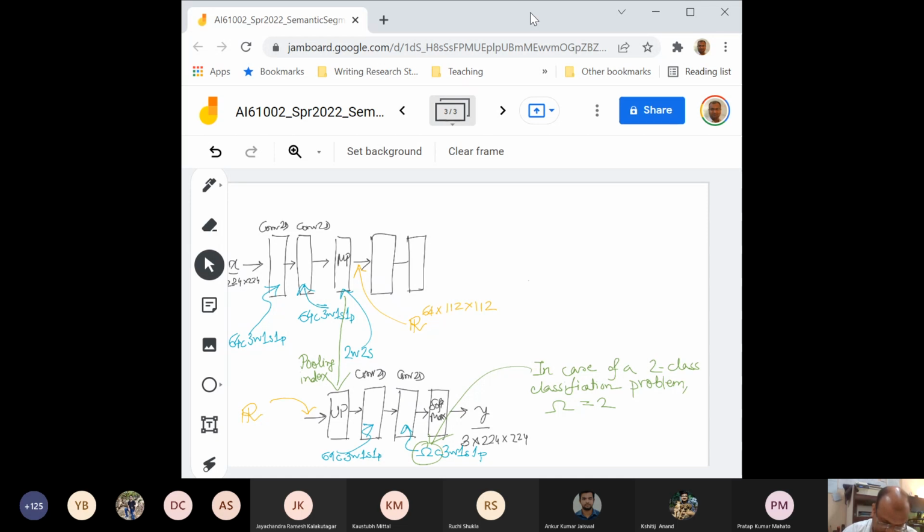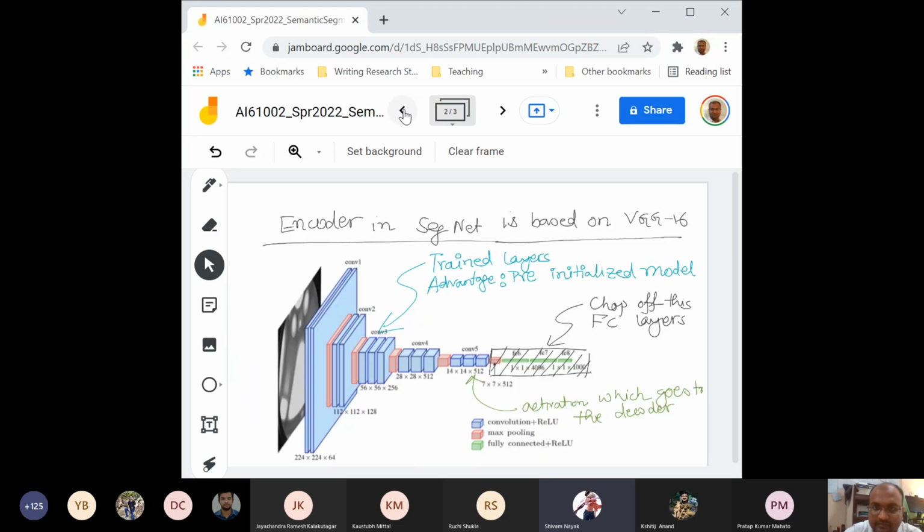So 32 by 112 by 112. I think we take half from the previous layer and half from the current running layer.